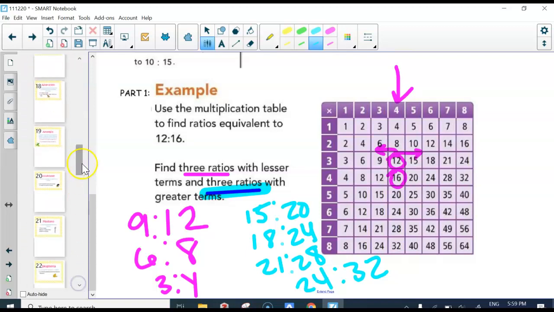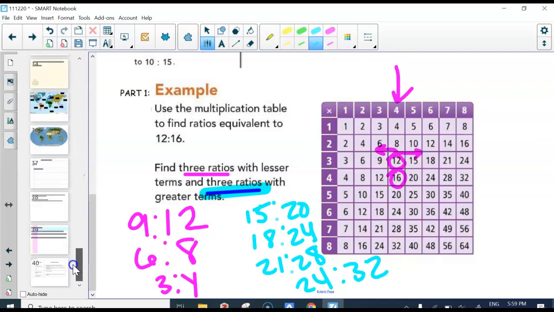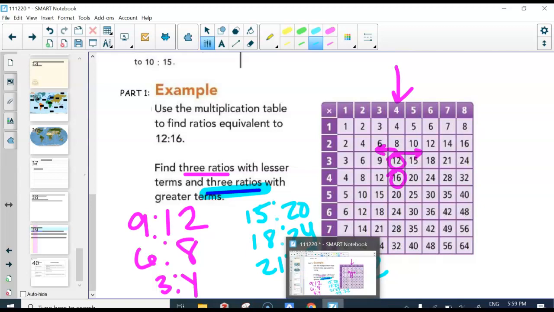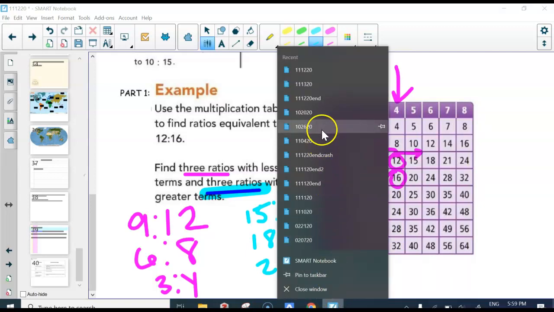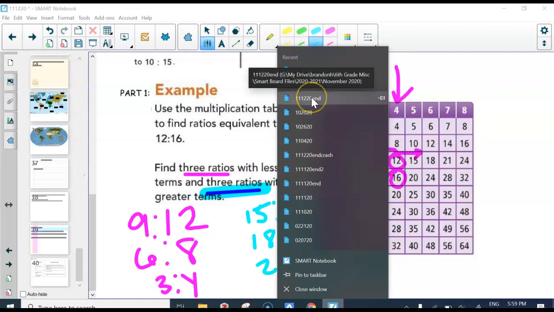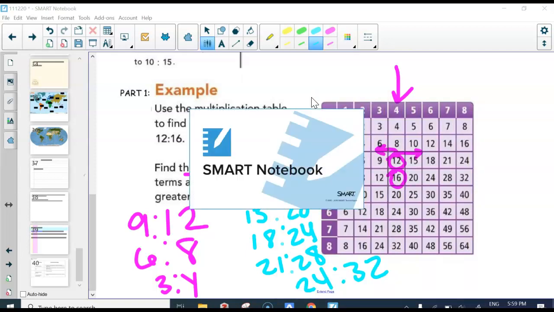I'm going to go ahead and do one of the homework problems on the activity that we did in class to help you. It's just going to take me a second to pull that up. Let's see, I have lots of documents, and I'll have to erase what we did.